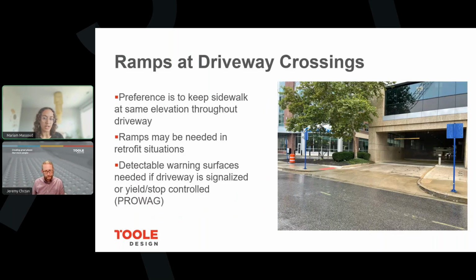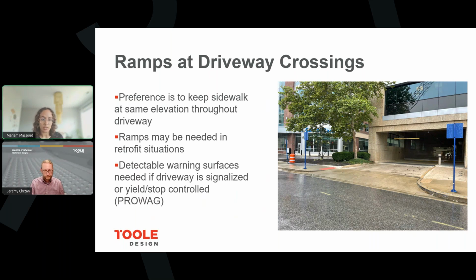Driveways were one of our asterisk items in that introductory slide. So not every driveway requires curb ramps. And really the preference is to keep the sidewalk at the same elevation throughout the driveway. That's a more pedestrian-friendly design that avoids people having to ramp down and then ramp back up.